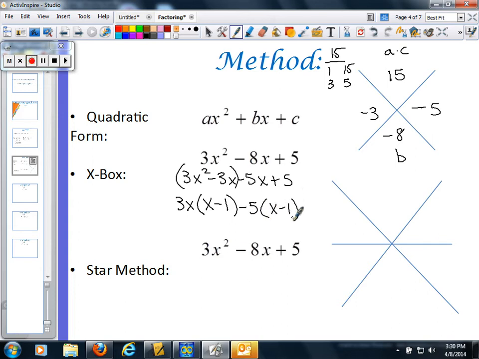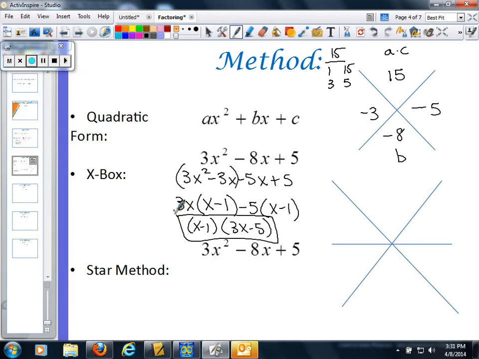This leaves my answer as x minus 1 times 3x minus 5. This is what we call the x box method, and there's my answer.